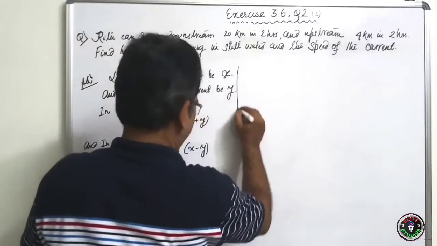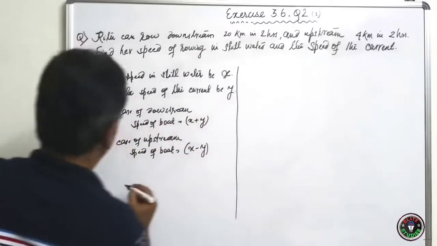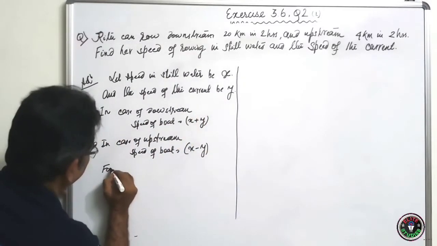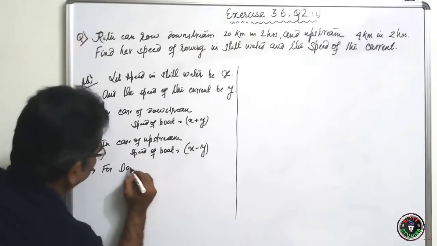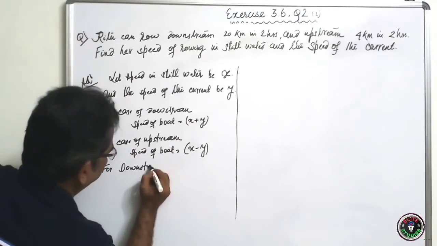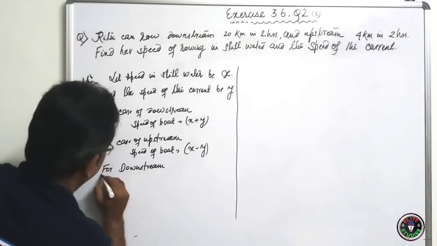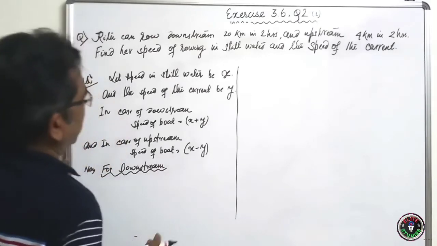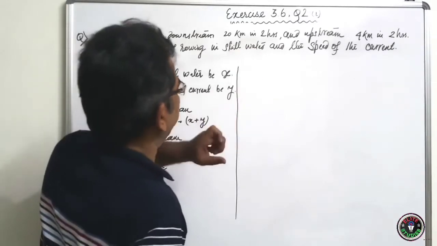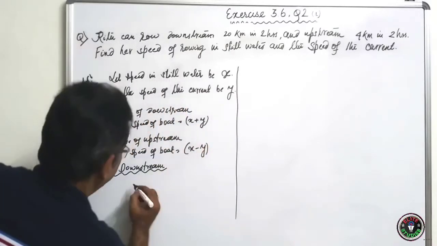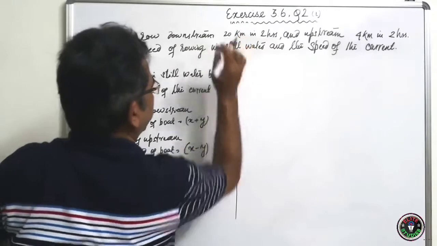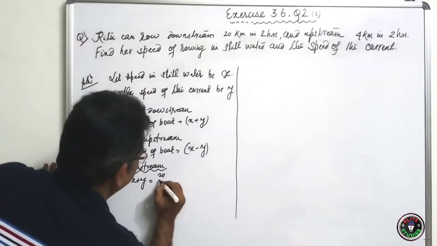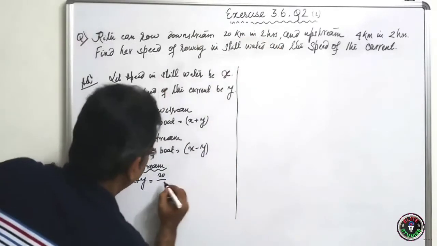For downstream, you have to frame equations. Now speed is equal to distance by time. So speed is equal to distance by time, 2 hours.